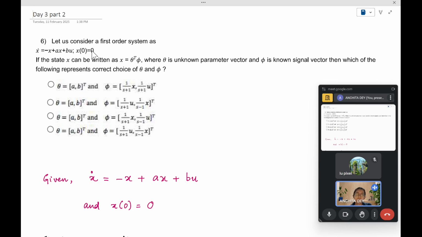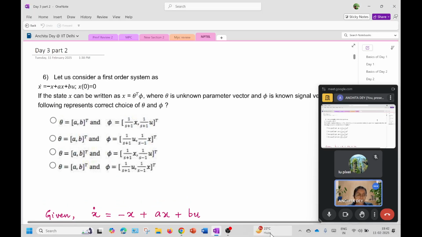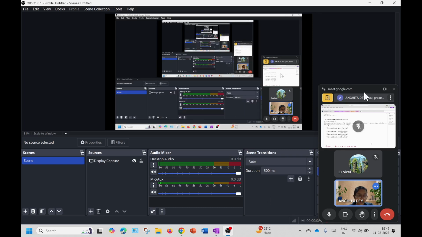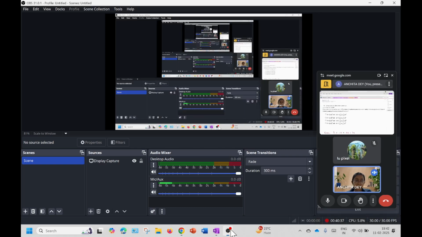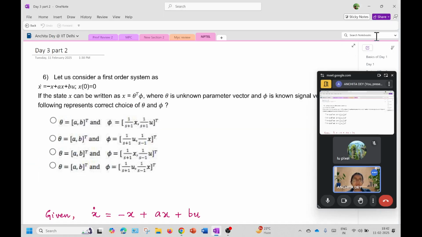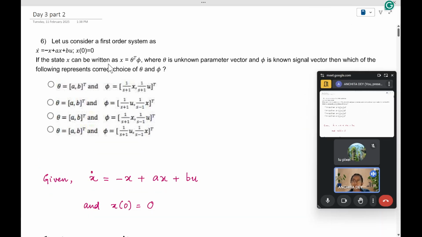So if the state x can be written as x equal to theta transpose phi, which is basically a linear regressor kind of form, where theta is an unknown parameter vector and phi is a known signal vector, then which of the following represents the correct choice of theta and phi, so that you can write x to be equal to this theta transpose phi.